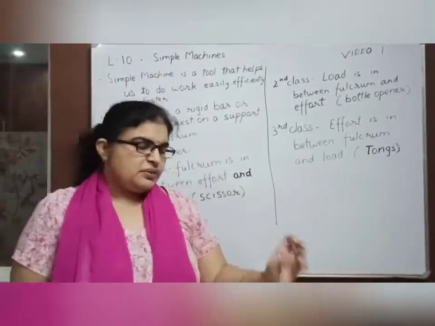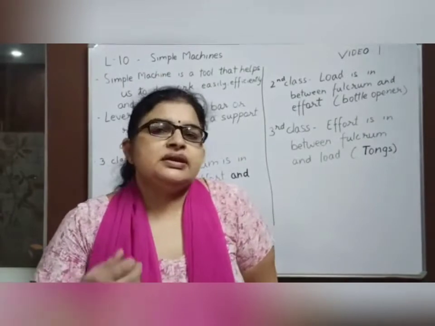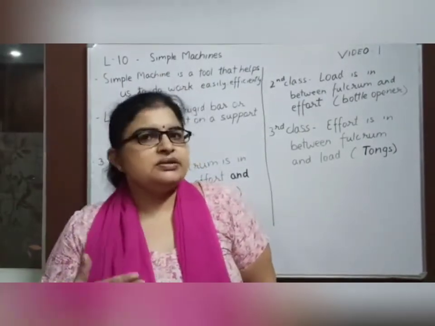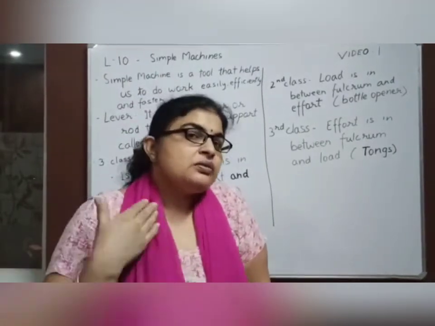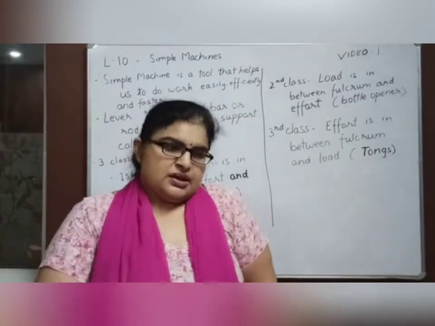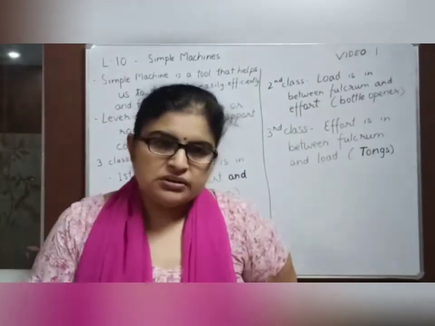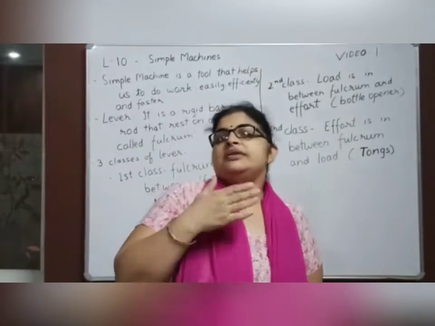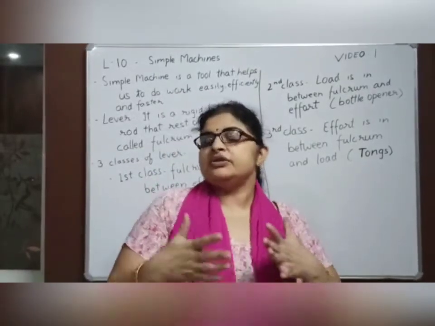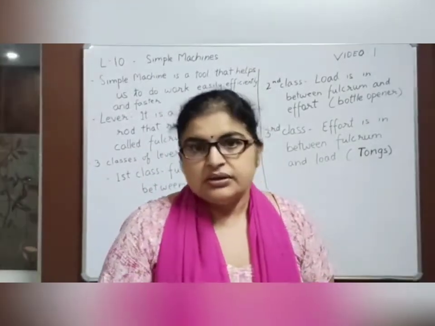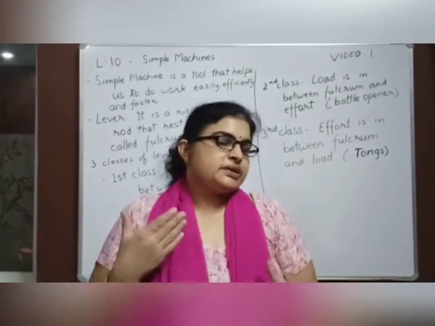This is the main definition: a machine is something that makes your work easy. Then how does it make your work easy? Either it reduces the effort that you need to put, or it changes the direction in which you put your effort, which makes the work easier.